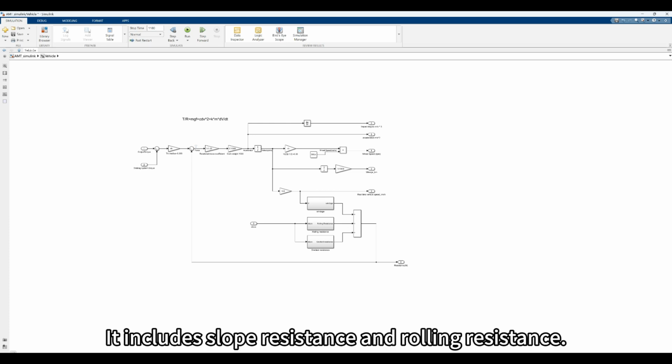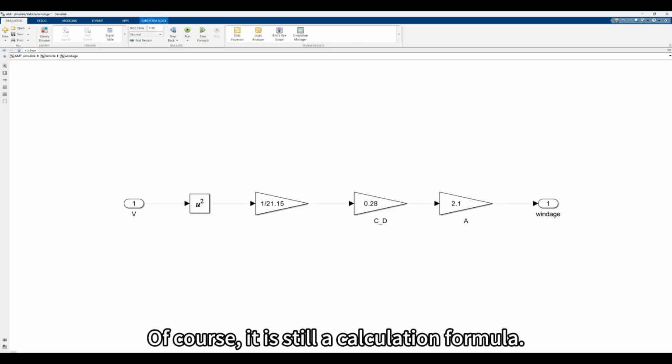It includes slope resistance and rolling resistance. Of course, it is still a calculation formula.